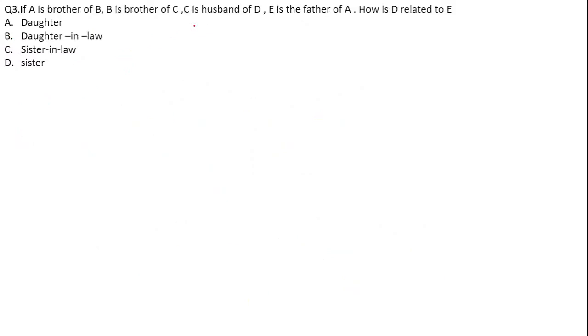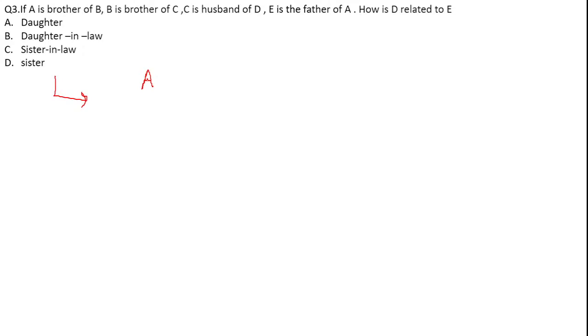This is a blood relation question. Mostly these questions are simple to solve. Here we are given A is brother of B, and B is brother of C, C is husband of D, E is the father of A. How is D related to E?